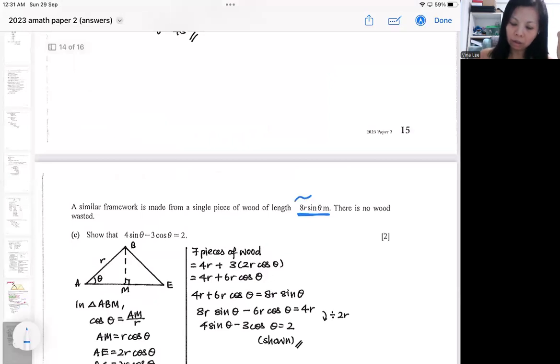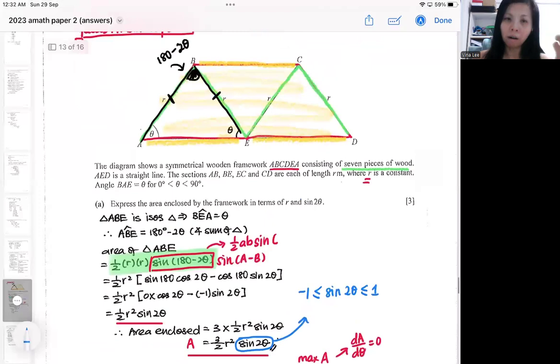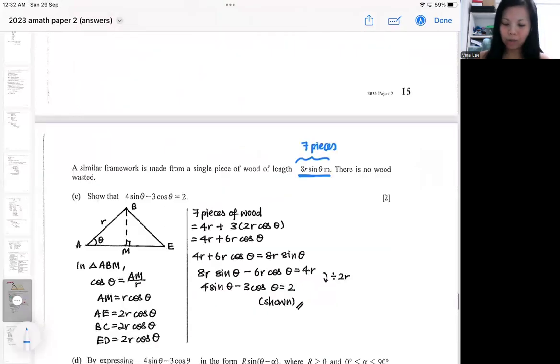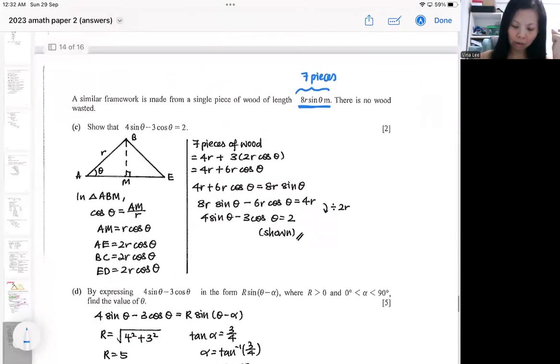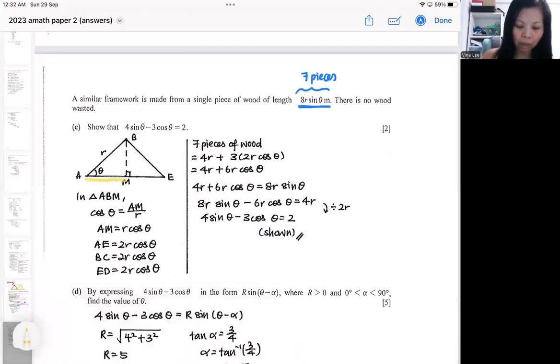So this will be the 7 pieces of wood. And just now when I ran through the 7 pieces, we got 4 pieces that are length R, and we got 3 of the yellow pieces. So I'm going to break down that yellow piece.